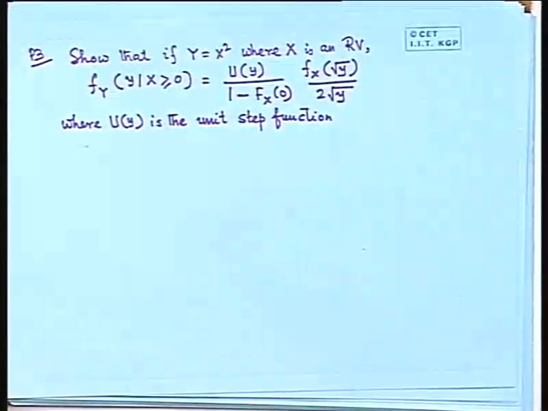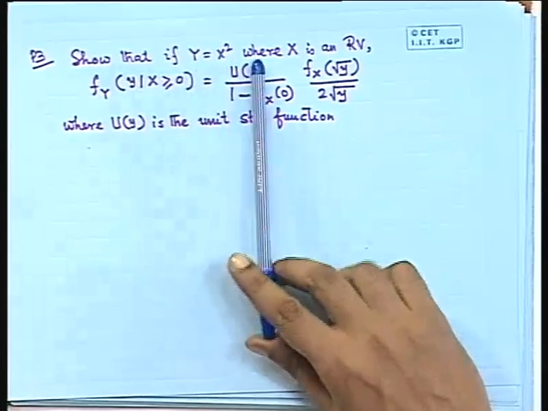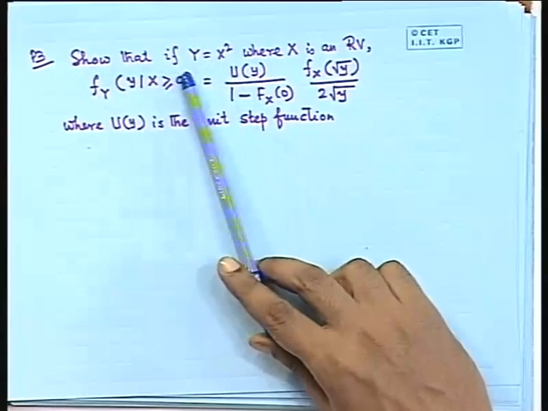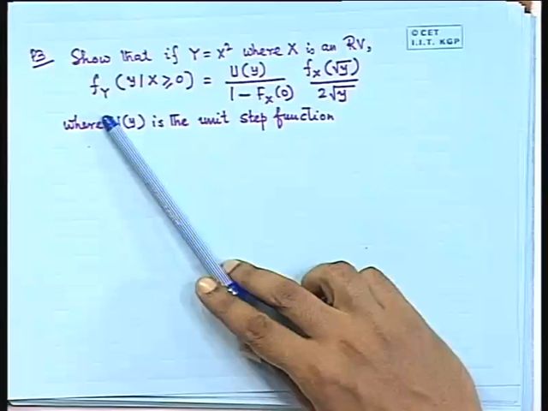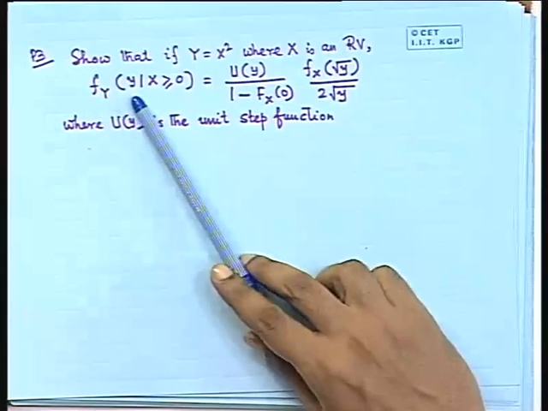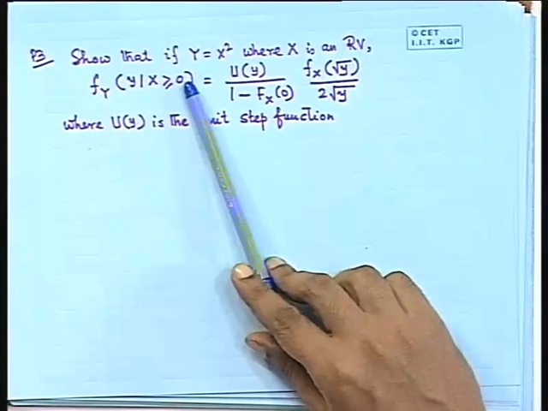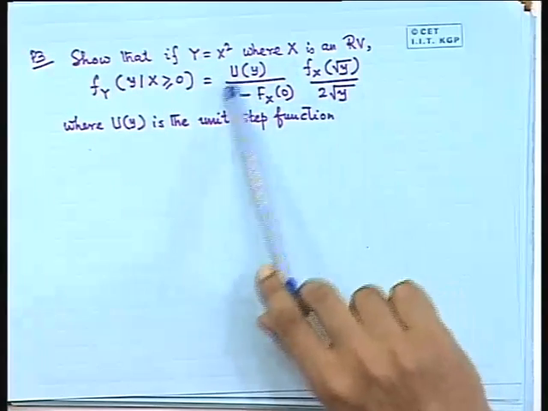Now we have another one. This is simple. Simpler, let us say. Show that if y is x square, that is, now we are defining a function of a random variable where x is an RV, f_Y of y given x greater than or equal to 0 is this.